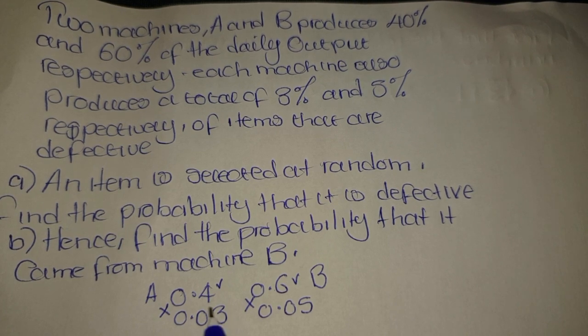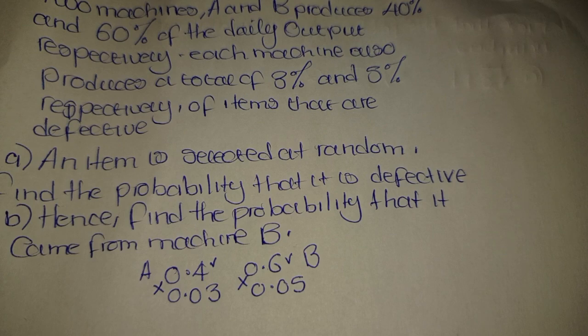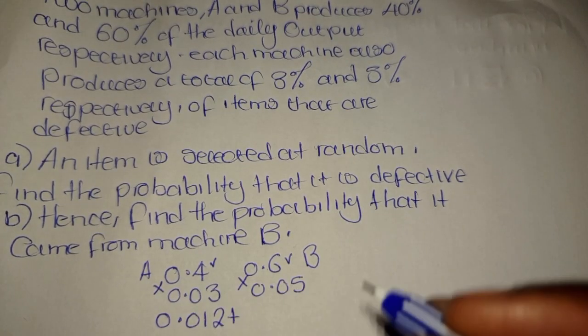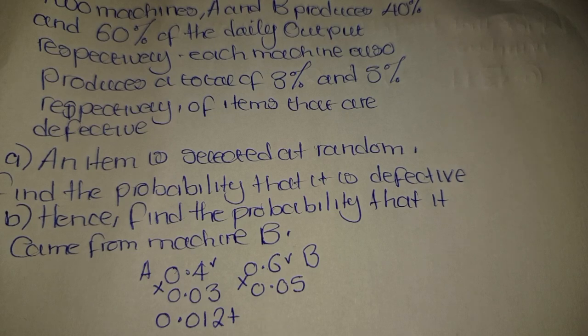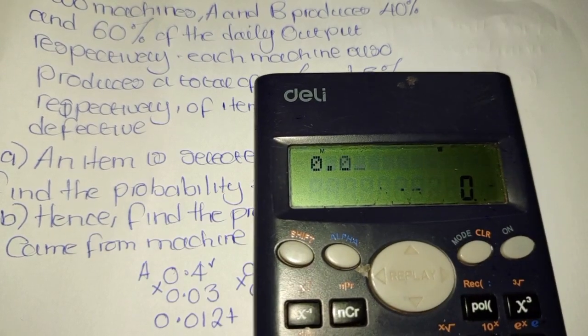So you know for sure that 0.4 times 0.03, you get the value to be 0.012 plus 0.6 multiplied by 0.05, you get the value to be 0.03.